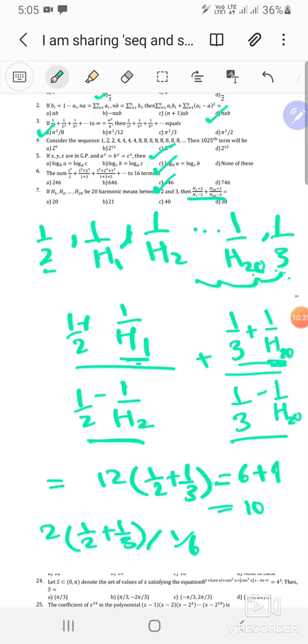Wait, that's not correct, is it? So you got 2 into 1 by 2 plus 1 by 3, right? So 1 by h1 plus 1 by h20, that has to be that thing. And then this, wait a second. 21d is equal to 1 upon 6, so that has to be in fact 1 by 21 of that, so 21 into 6.